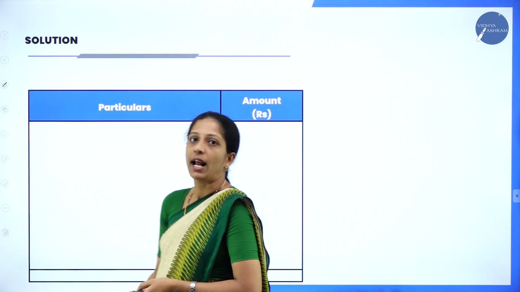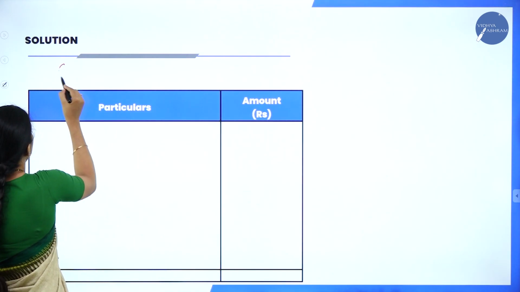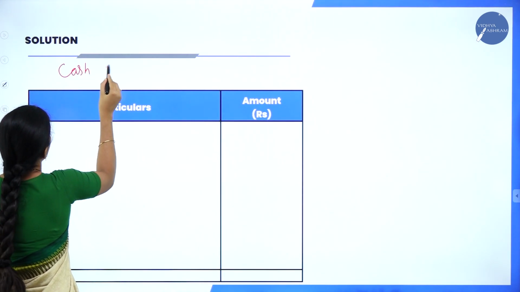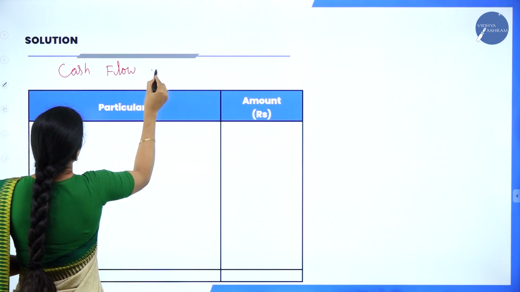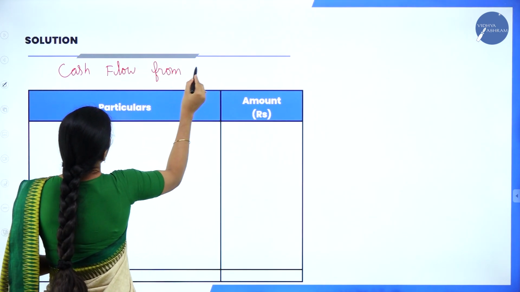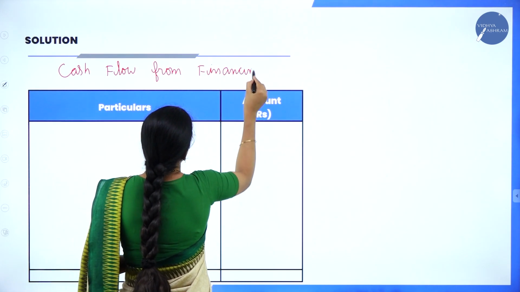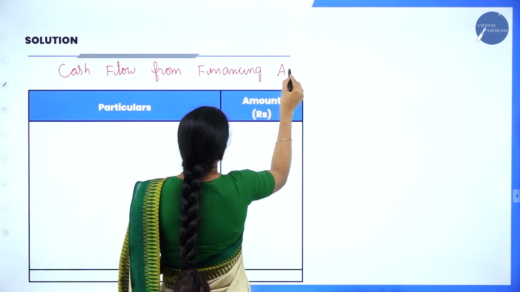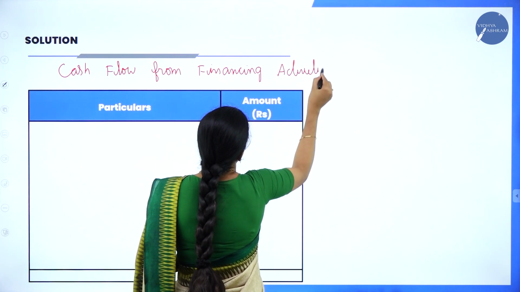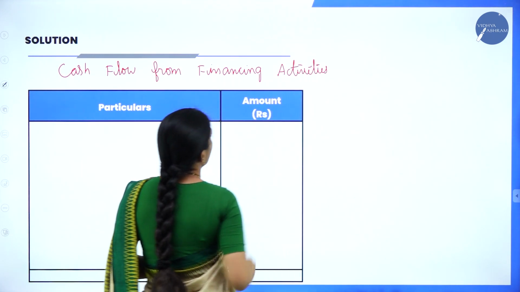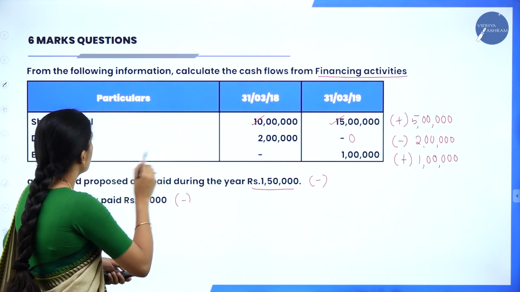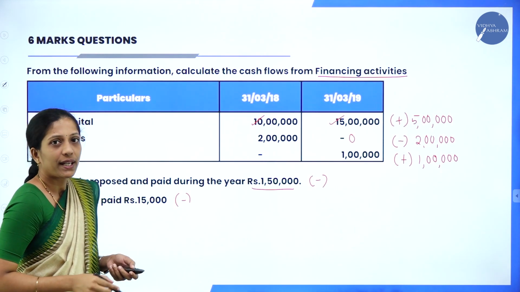Cash flow from financing activities. Now the first one is equity share.